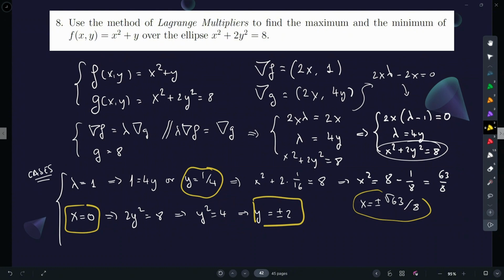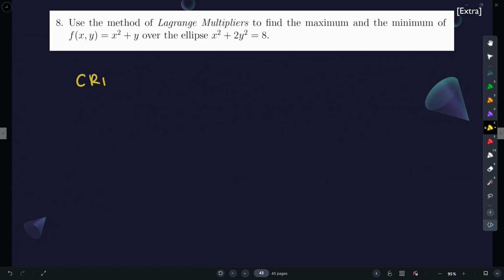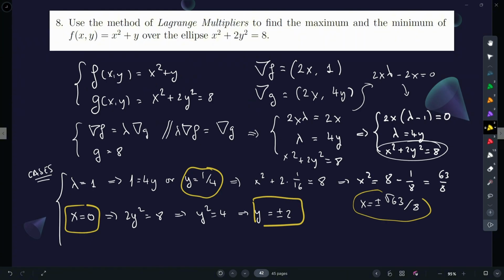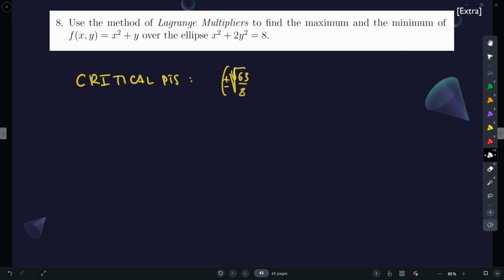So the critical points are plus or minus the square root of 63 divided by 8, comma a fourth, and x is 0 and y is plus or minus 2.